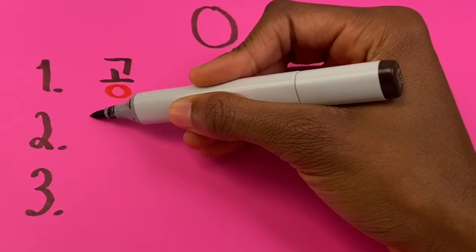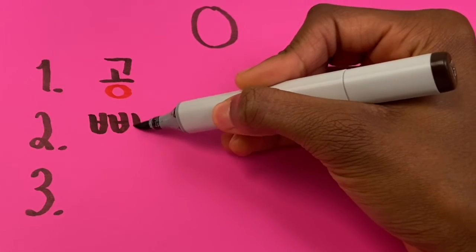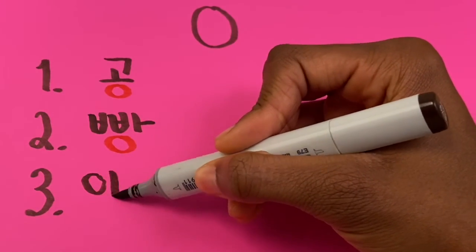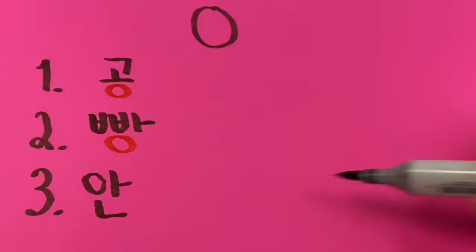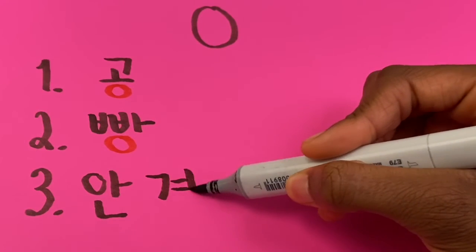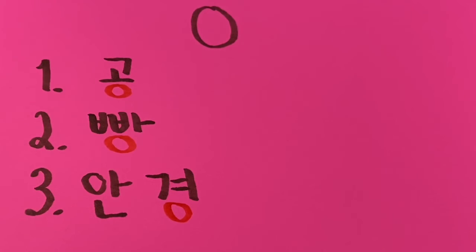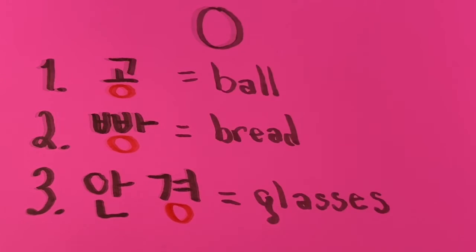After that though, I will pronounce each word so you can get used to 이응 as a 받침. The first word is gong. The second word is bang. The third word is 안경. Here are their meanings.